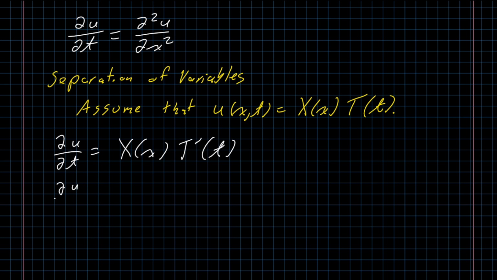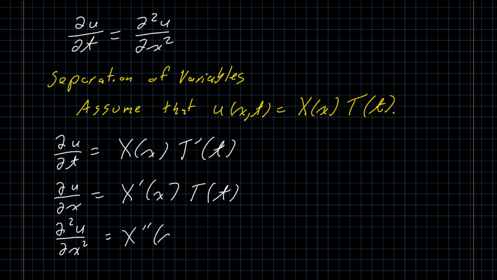Likewise, the partial of u with respect to x will be X prime of x times T of t, because X of x is a function of x, T of t is constant with respect to x. And then the second partial of u with respect to x will be big X double prime of x times big T of t.